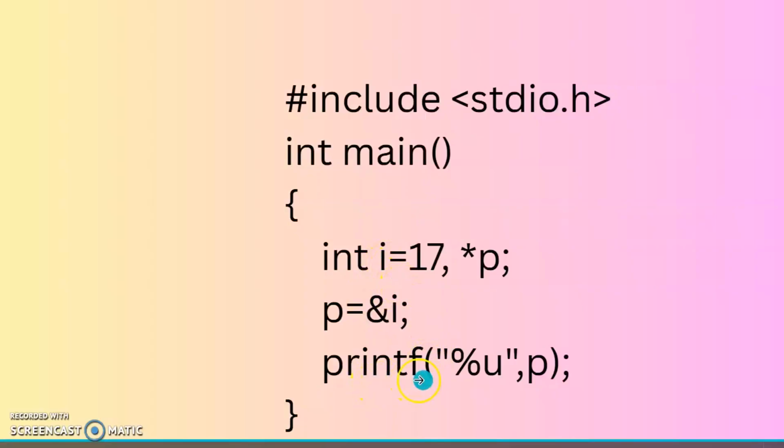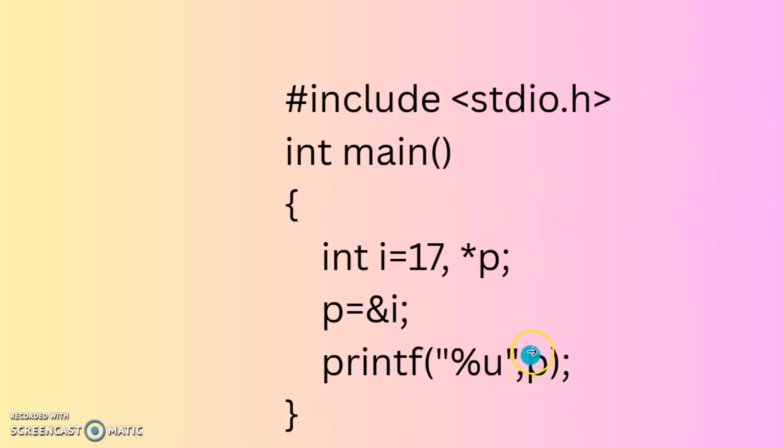When you print the address of i, that is content of p, note down that we have to use percentage %u, because if you say percentage %d, the value will be printed as a negative value, because d means integer data type. The space reserved for integer data type is not sufficient for printing the address of some variable, that is pointer variable. So I have used percentage %u, that means unsigned int. Then only you will get the real address of the variable i.